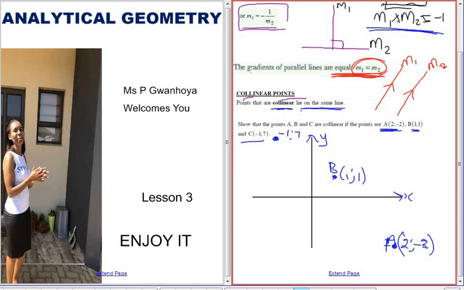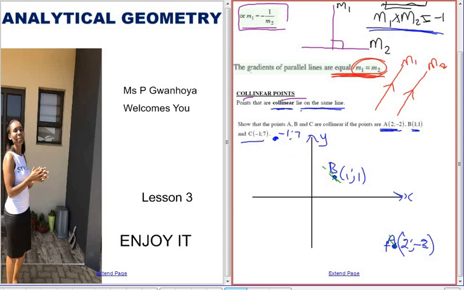If these are collinear, we are practically saying that there must be a straight line that passes through all 3 points. What we should know is that the gradient should not change at any point.